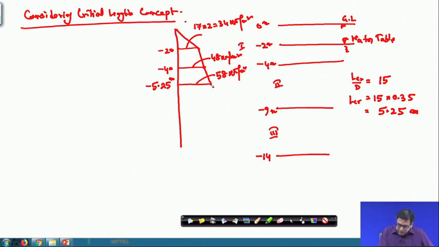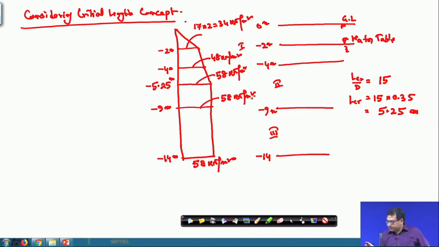Then after that it will remain constant, because we are considering the critical depth concept. So, this is minus 14 meter, and in between that here it is minus 9 meter. So, this is 58 kilonewton per meter square, this is also 58 kilonewton per meter square.